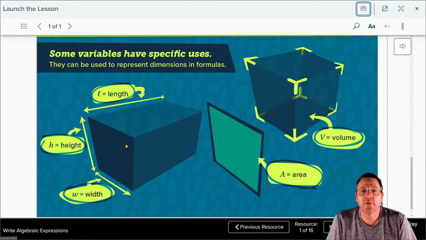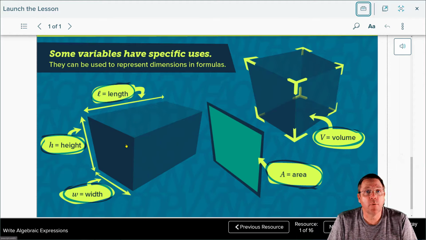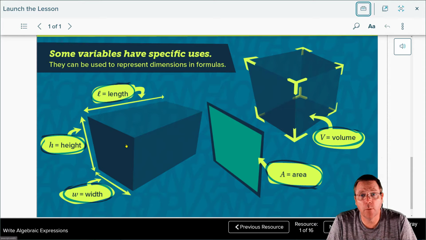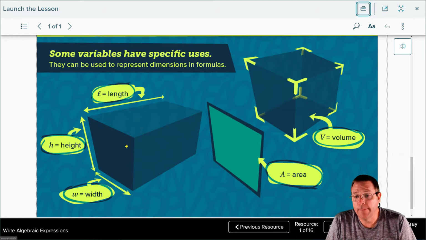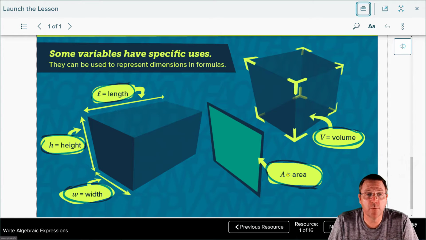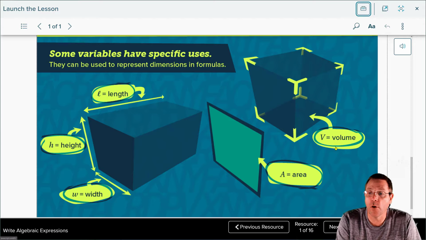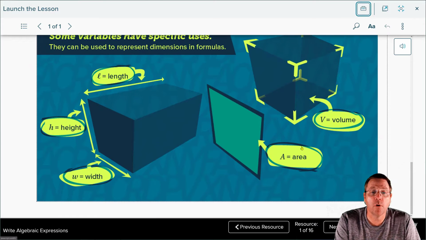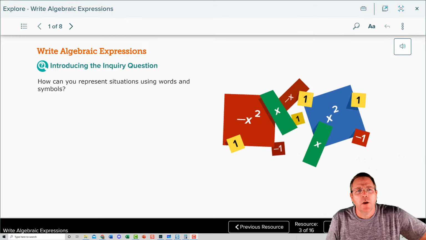Some variables have specific uses. For example, L we always use for length, H for height, and W for width. A large A is always used for area, and the large V is always used for volume.